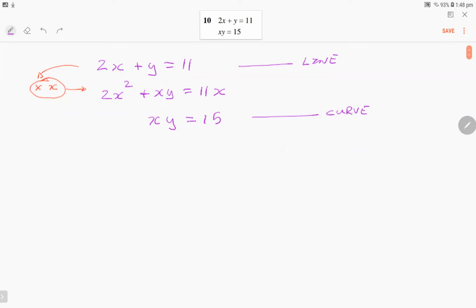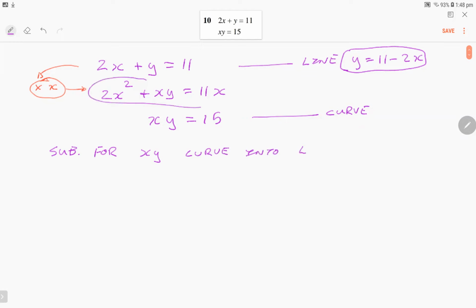Let's remind ourselves that the line can still be y equals 11 minus 2x. It is easier for us to use this in the end to find the y values. But for now, I'm going to substitute for the xy, the curve into my line adjusted.